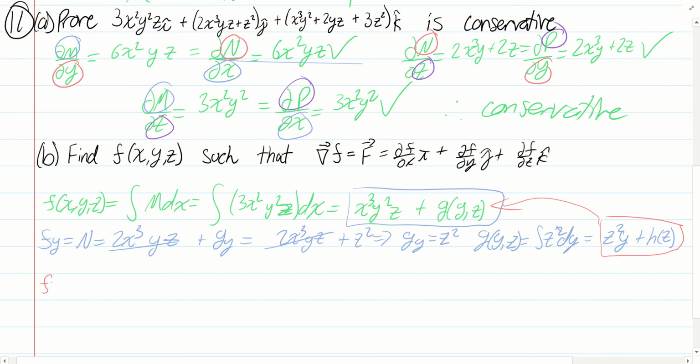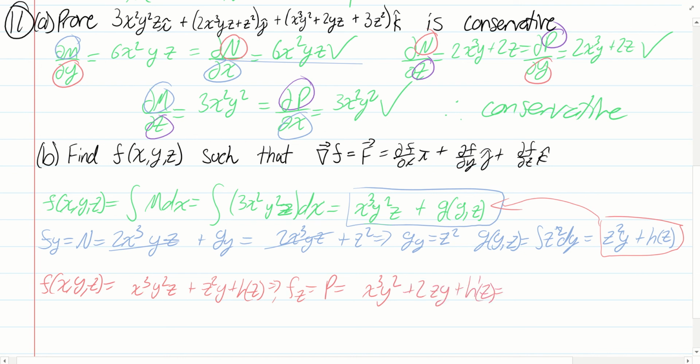So now my function f of x, y, z is equal to x cubed y squared z plus z squared y plus h of z. And this implies fz, which equals p, equals x cubed y squared plus 2zy plus h prime of z.